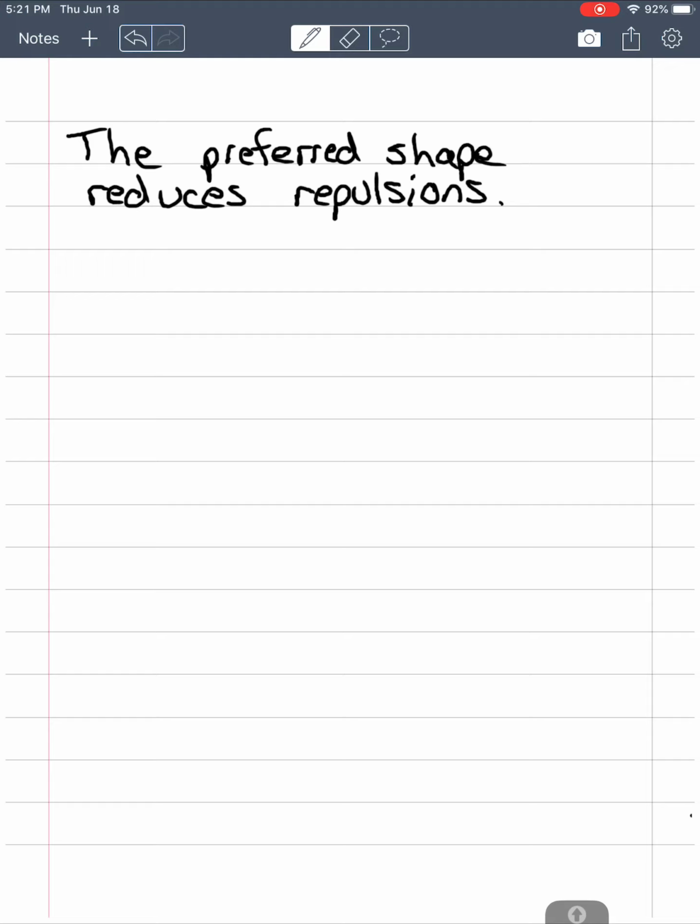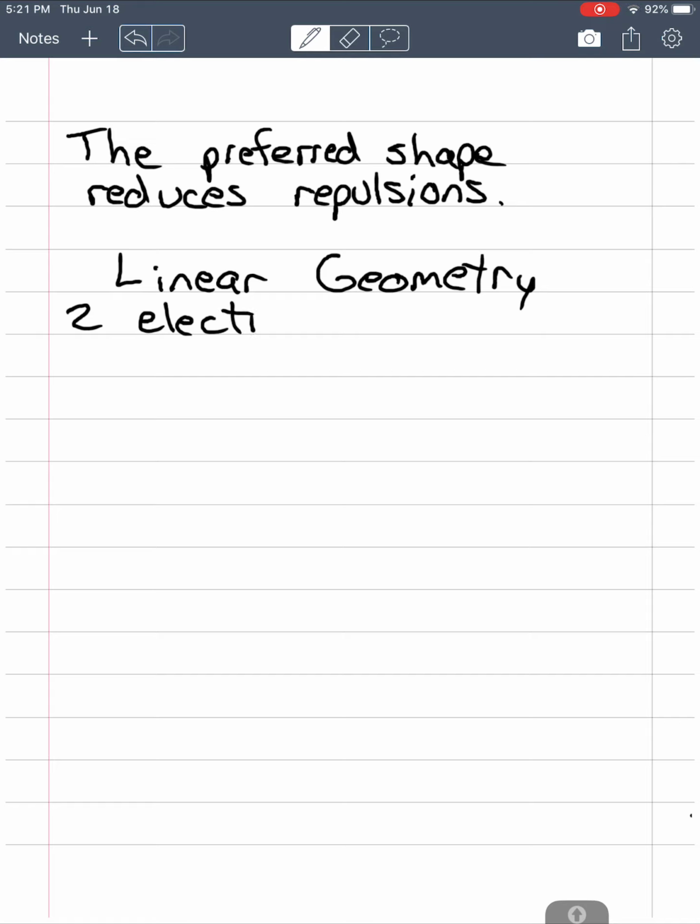All right, so let's start with linear geometry. It has two electron groups. So let's take a look at beryllium chloride. Beryllium's in group 2, chlorine's in group 7.